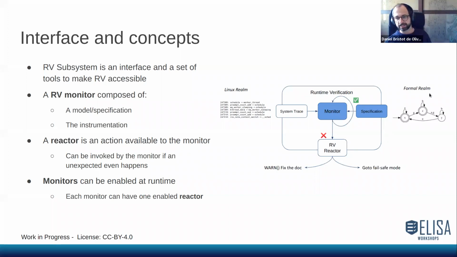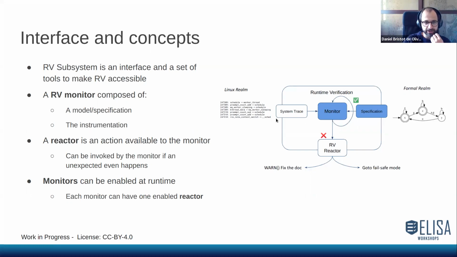Recalling that diagram that I showed, you have a formal realm on one side and the Linux realm on the other side. Now I'm giving names to these blocks. The RV subsystem is an interface and a set of tools that make runtime verification accessible for developers and for users, right?